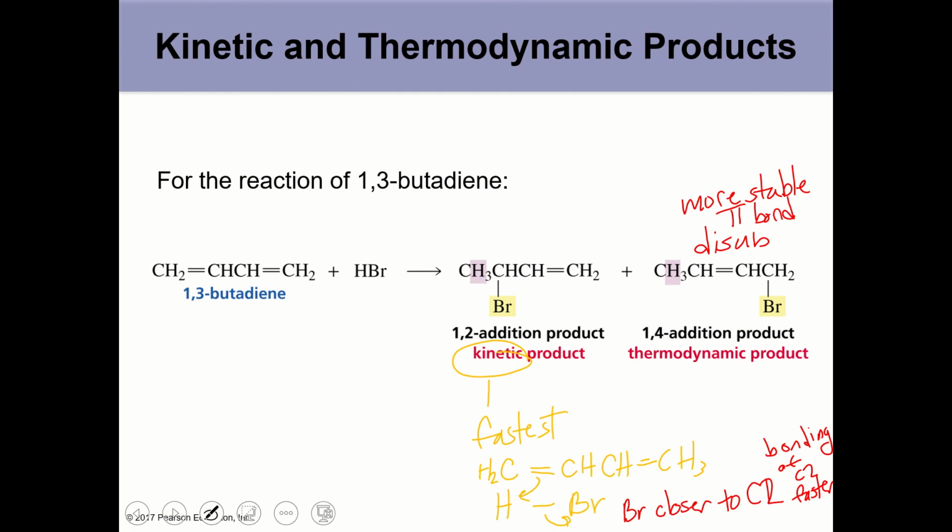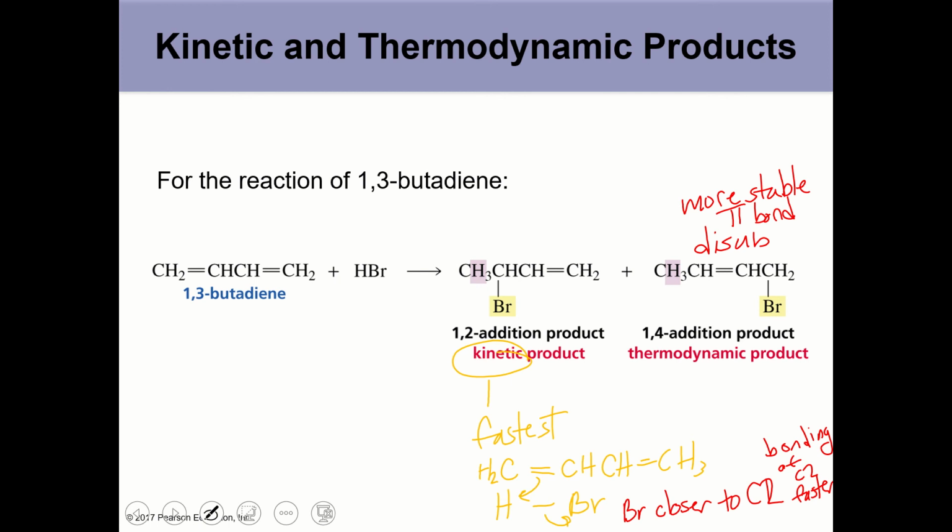So the thermodynamic product is going to be the more stable product. So the thermodynamic product should have the best delta G value, and it will be a lower energy product than the 1,2 product.